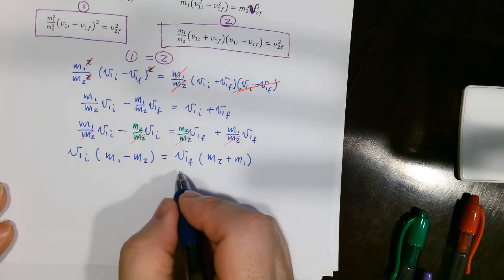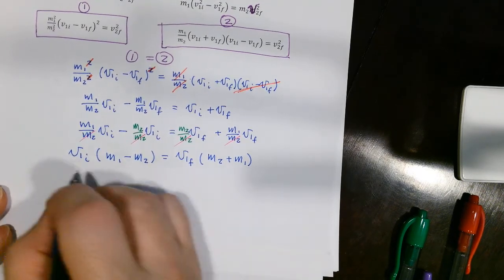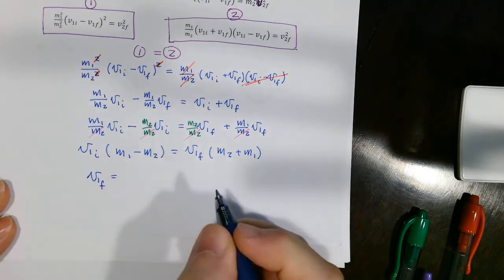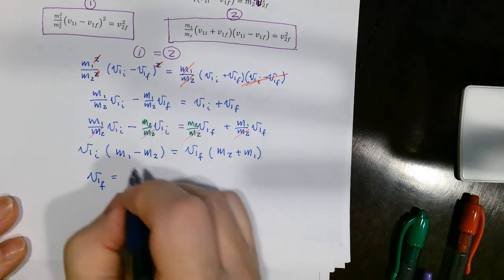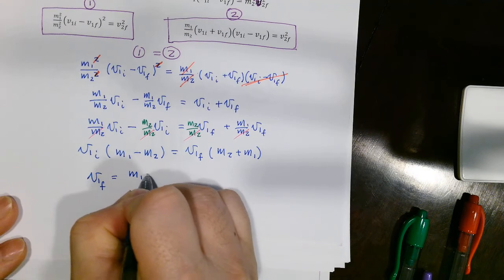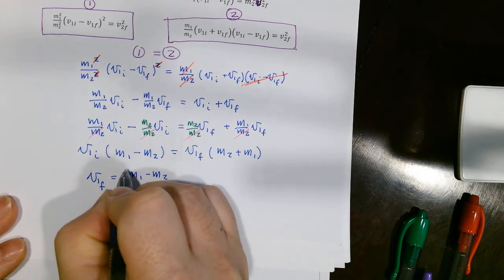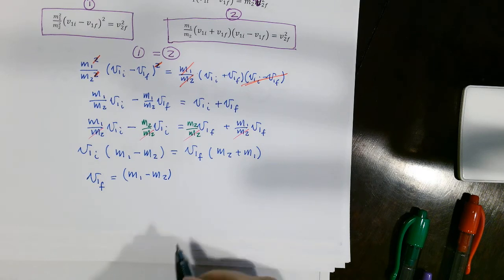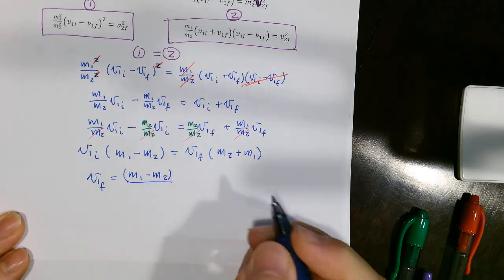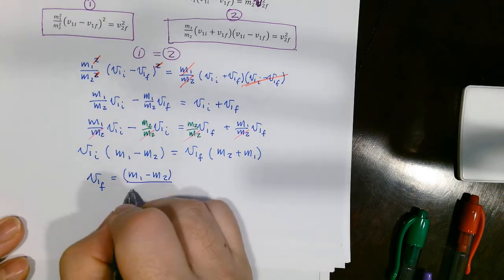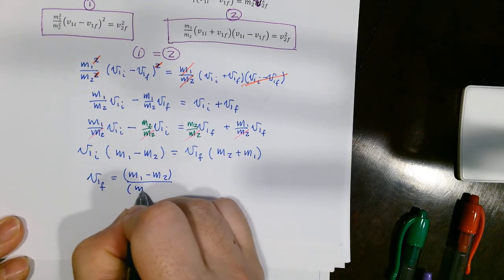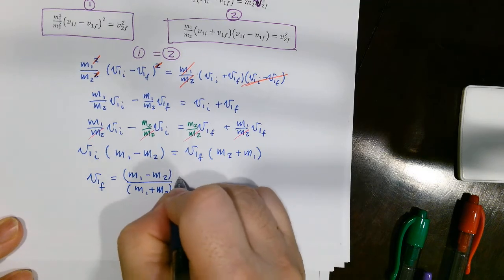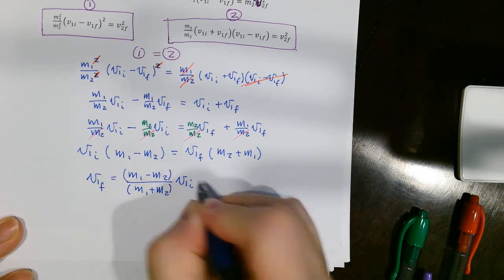Therefore, if I solve for my V1 final, it is equal to m1 minus m2, divided by m1 plus m2, times v1 initial.